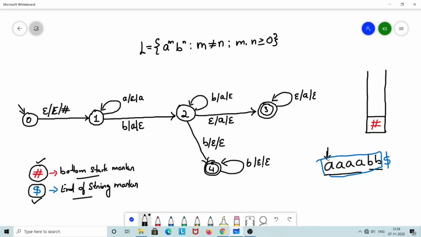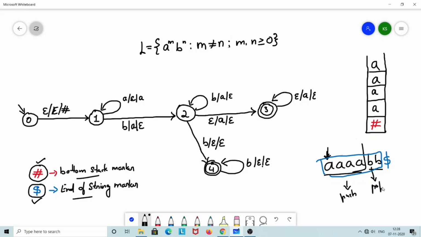Now we start encountering A's, right? When I encounter the first A, I'll push A onto the stack and remain in state 1. For the second A also I'll push A and remain in state 1. After reading 4 A's, I have ended up in state 1 by pushing A. Now when I encounter B, I'll go to state 2 by popping A out.